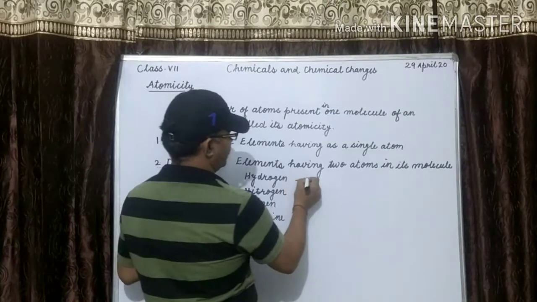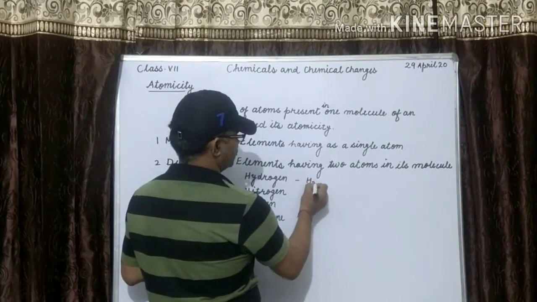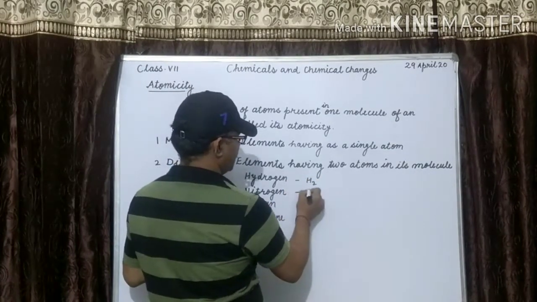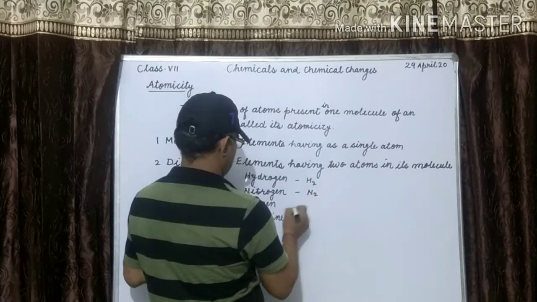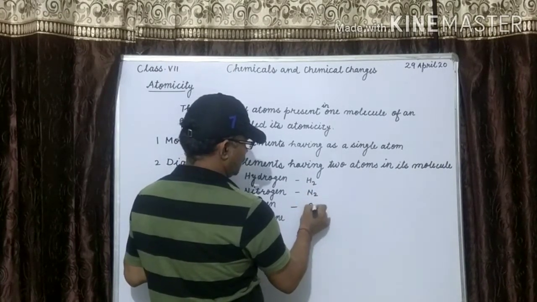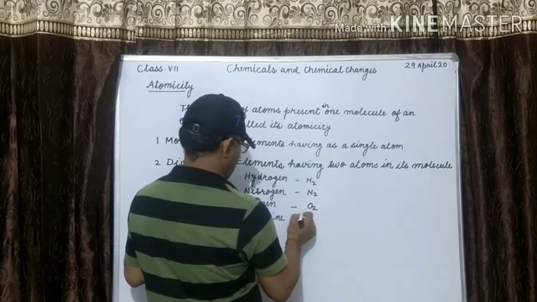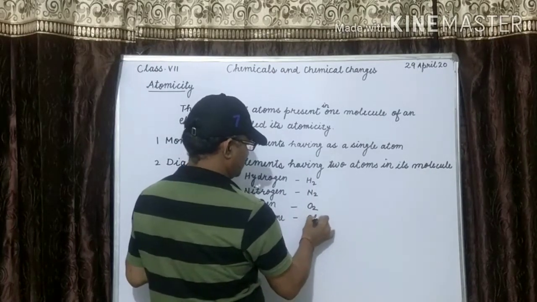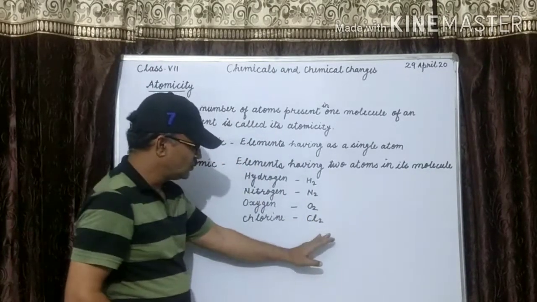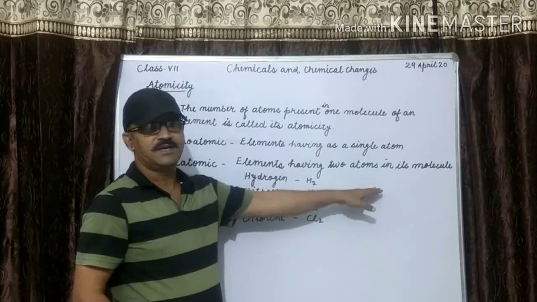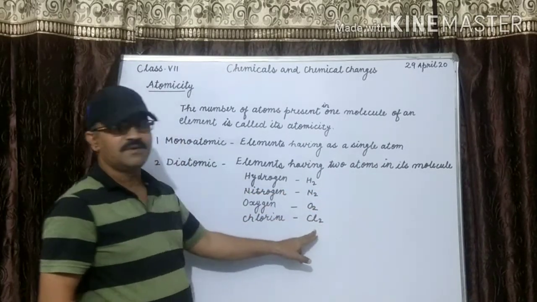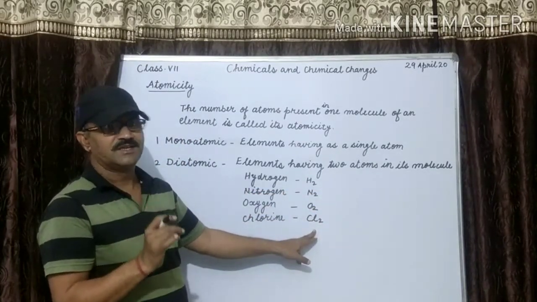What is the formula of hydrogen? H2. Nitrogen N2, oxygen O2 and chlorine Cl2. They have two atoms in their molecules, so they have atomicity two.